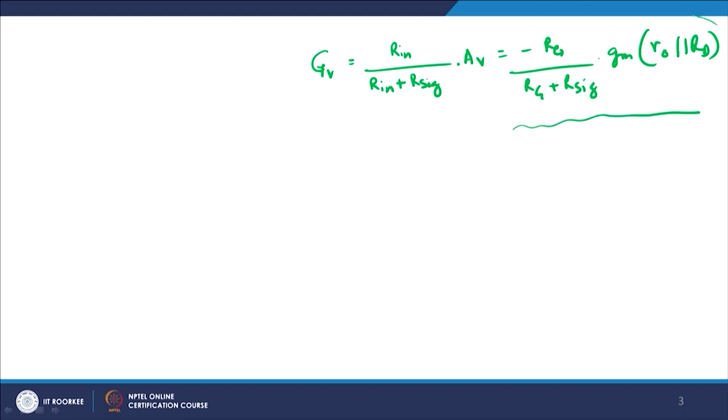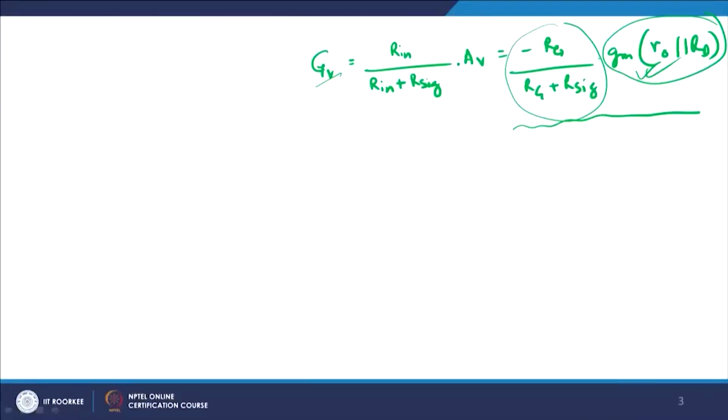So this is the gain due to the device itself, and this is the gain due to the circuit itself. But as I discussed with you, since Rg is very large, this will cancel off, and I will get overall gain equal to Gm times Rd with a negative sign because you will get a 180 degree phase shift between the drain and the gate of your device.